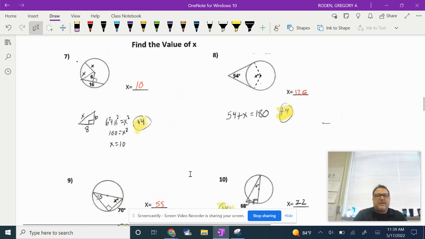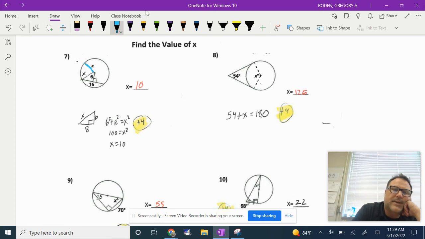Okay, so for number 7, you'll notice that they want to know the radius of the circle. Now, remember, the radius x, I could change the radius and move it down here so I make a right triangle. And this is going to be half of 16, so this is 8. So I just do the Pythagorean theorem right here.